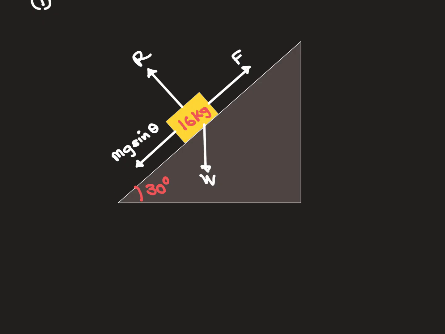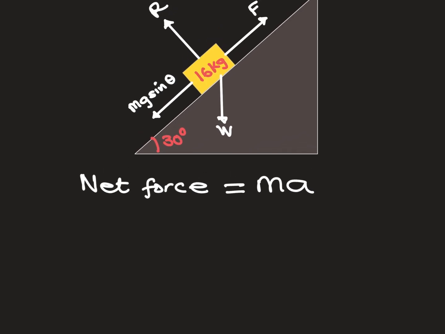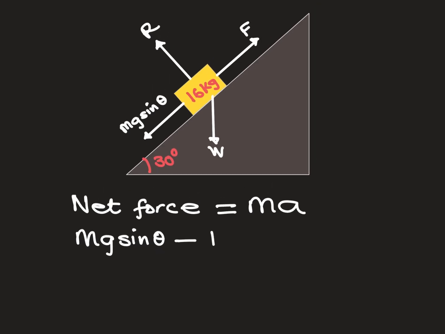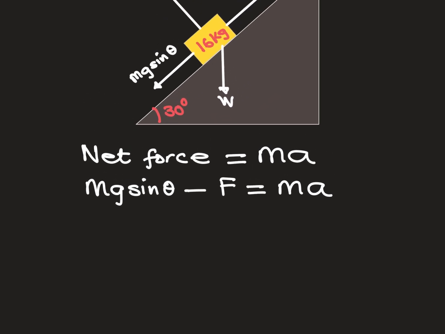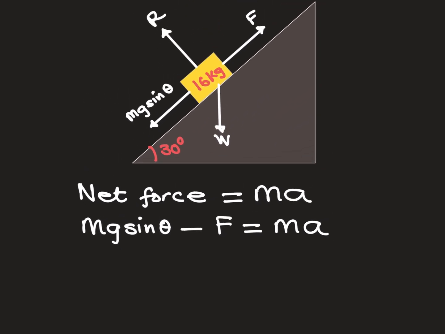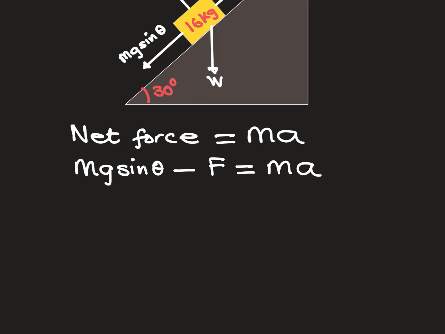So to find the net force, it is equal to mass times acceleration. The net force is mg sin θ minus the frictional force, which gives us mass times acceleration. There is no external force for the first question.